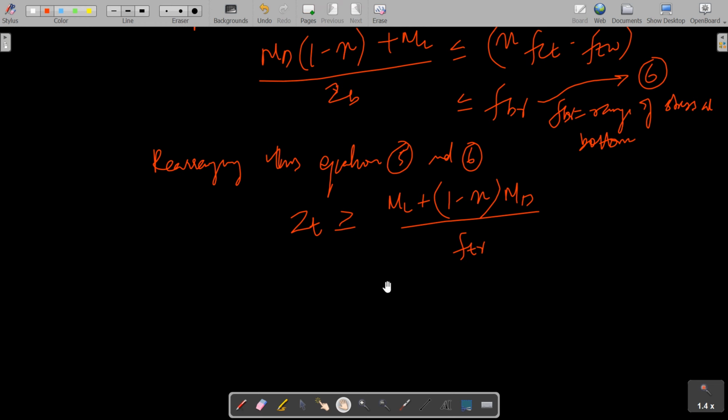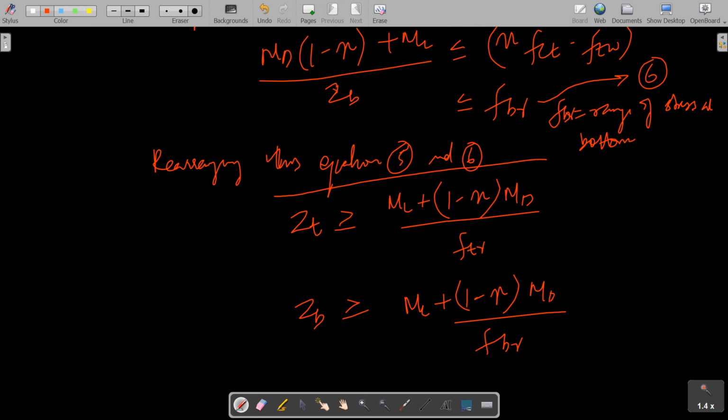Similarly, the section modulus required for the bottom fiber ZB must be greater than or equal to (ML + (1 - η) MD) divided by FBR, and we can use the design formula for section modulus based on this.